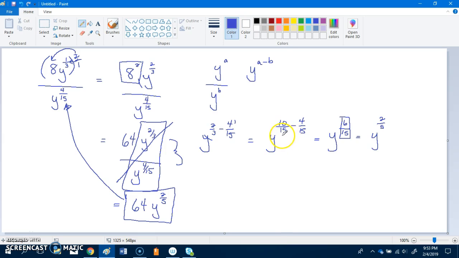We didn't have like denominators, so I had to create an equivalent fraction with 15 as the denominator. And then that gave us y to the power of 6 over 15, which got reduced to y to the power of 2/5. And we brought that into the answer here.